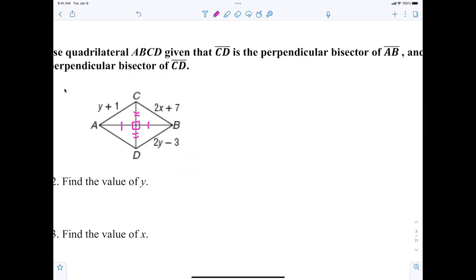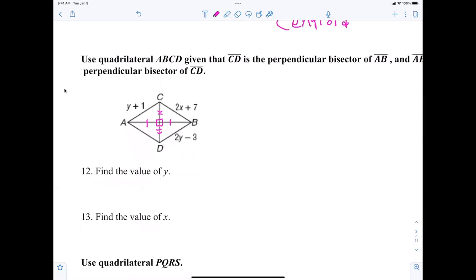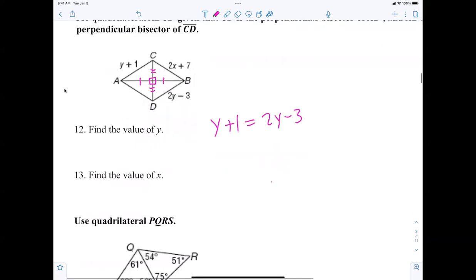All right. So how do I figure out the value of Y? Go ahead, Tanner. Yeah, so the equation is y plus 1 equals 2y minus 3. Beautiful. And so what's Y? Y is 4. All right. So if Y is 4, how do I figure out what X is?